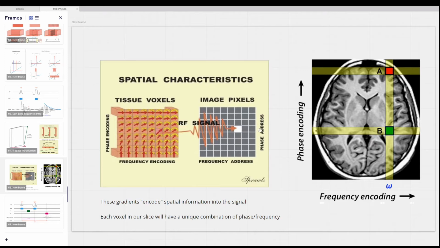They're going to have a unique address, as it says over here, a phase address and a frequency address. And that corresponds to a pixel on your image. You're applying these gradients perpendicular to each other, and as a result, you're encoding your signal with information that will eventually allow us to localize each of these voxels and create an image with it.